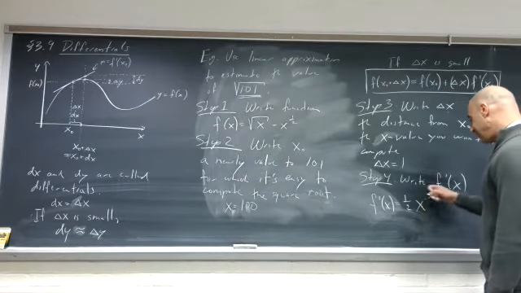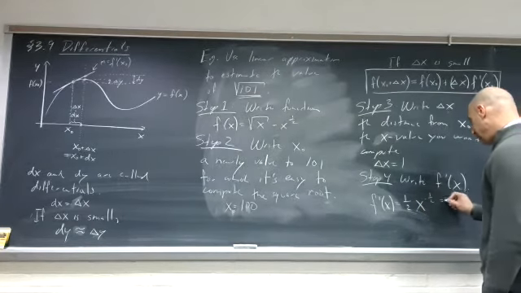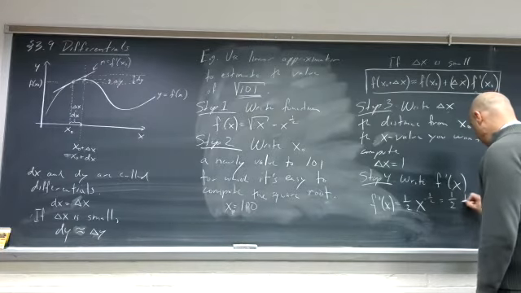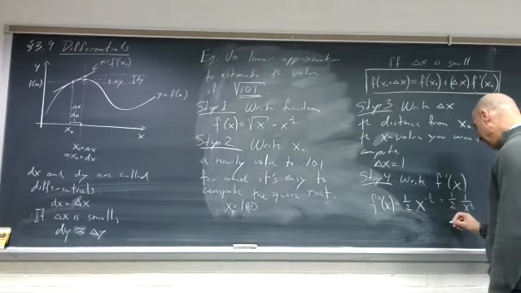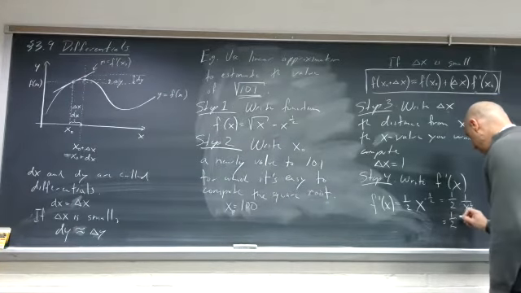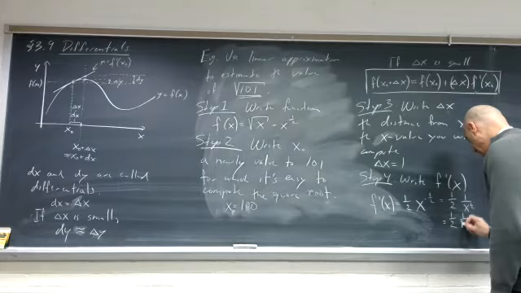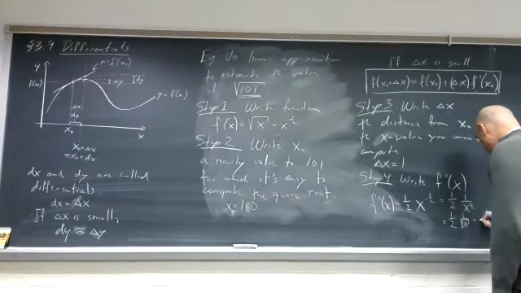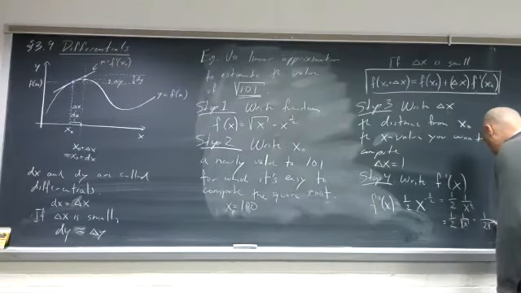And writing something to the minus 1/2 is the same thing as writing 1 over x to the 1/2. So 1 over x to the 1/2. And of course, x to the 1/2 is the square root of x. So this is 1/2 times 1 over the square root of x. In other words, 1 over 2 root x.